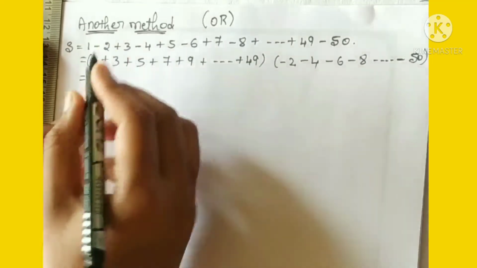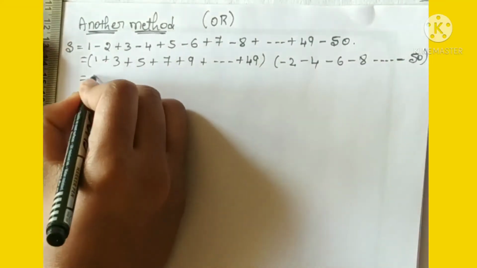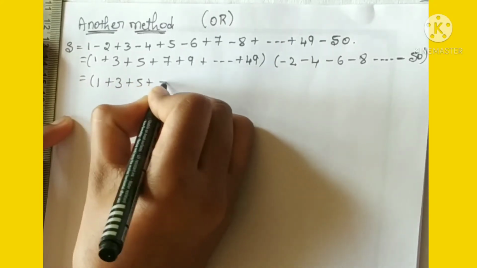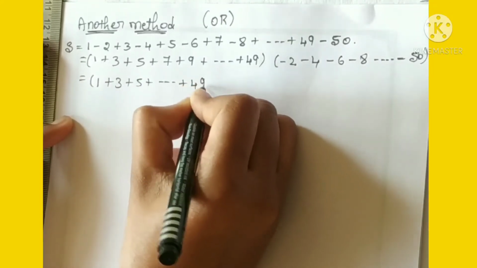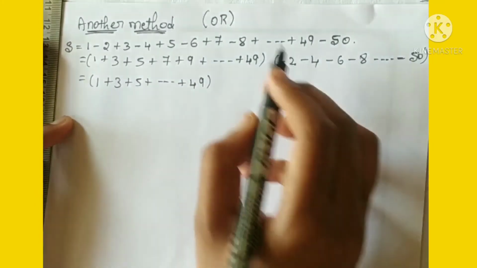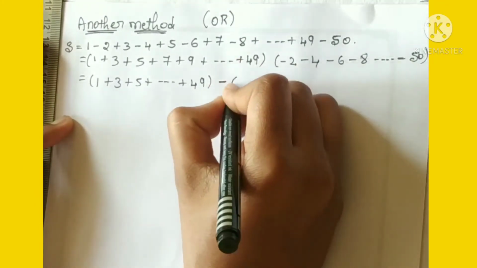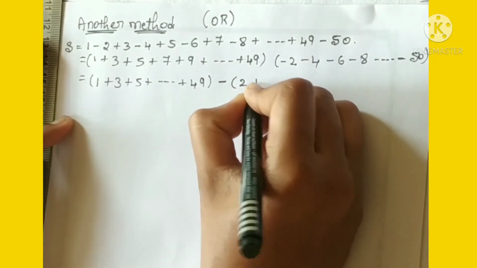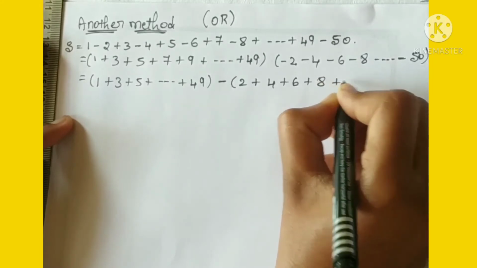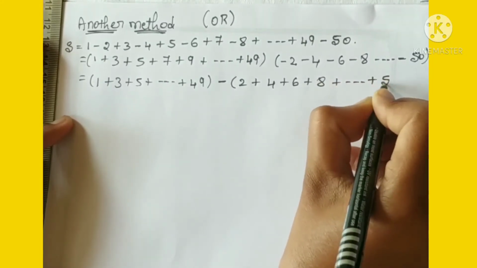Now I write as it is, odd terms 1 plus 3 plus 5 plus so on plus 49, and I take the common factor minus outside, so 2 plus 4 plus 6 plus 8 plus so on plus 50 we will get.